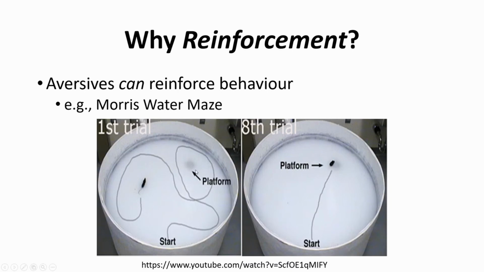In a Morris water maze, there's a platform that they can locate, and as soon as they find it, they can get up out of the liquid. So they're going to be motivated to get out of the liquid because they don't like it. Over time, they learn to locate that platform much, much faster. So their behavior changes based on this desire to escape from an aversive situation.